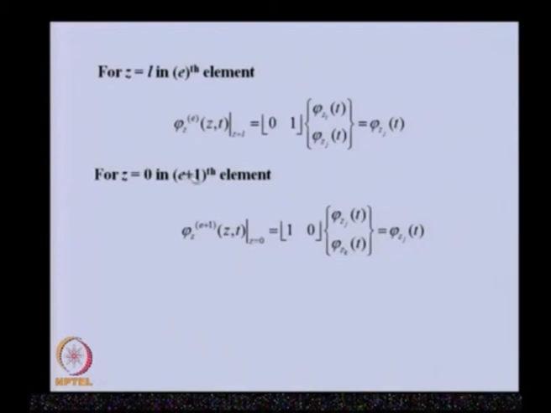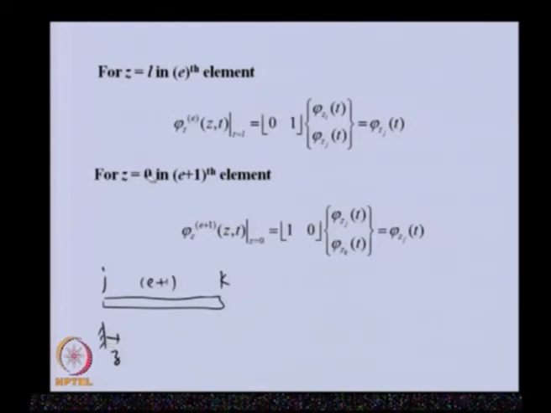Now, if you take element E plus 1, then the jth node location, this is the E plus 1 element, the local coordinate again starts from the same point here, but the nodes are J here and K here. So, you can see that for element E plus 1, the jth node is at Z is equal to 0.